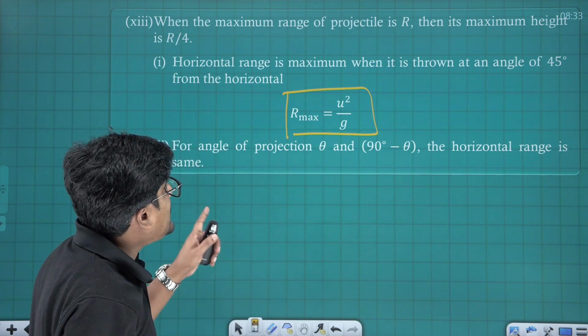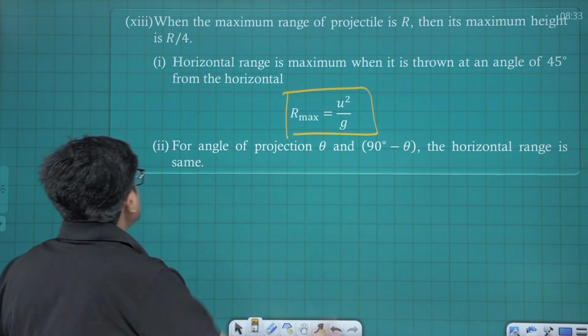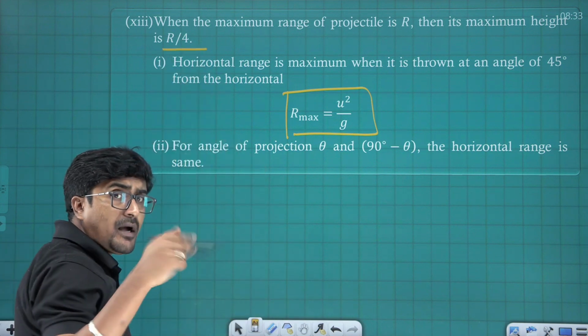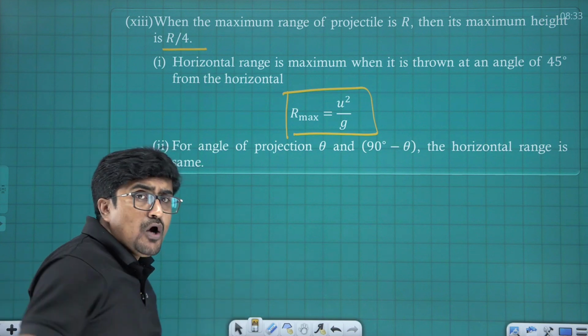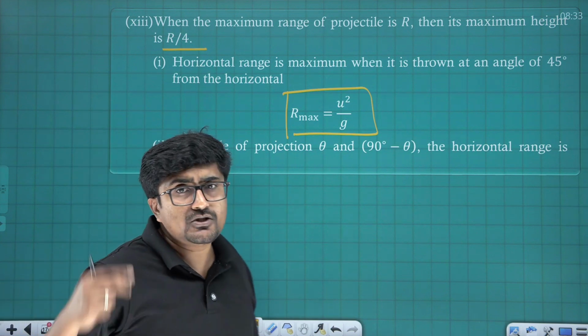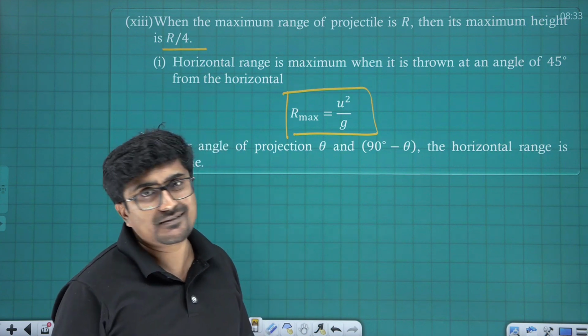And when the range is maximum, I repeat, when the range is maximum, the maximum height is going to be what? R by 4. That is again an important formula. And the last one is, for two different angles you can have the same range, that is theta as well as 90 minus theta. All right.